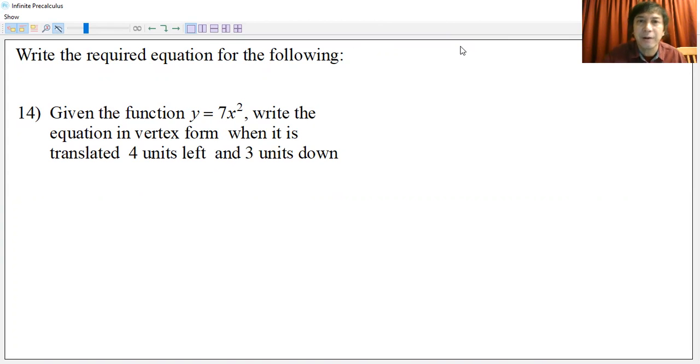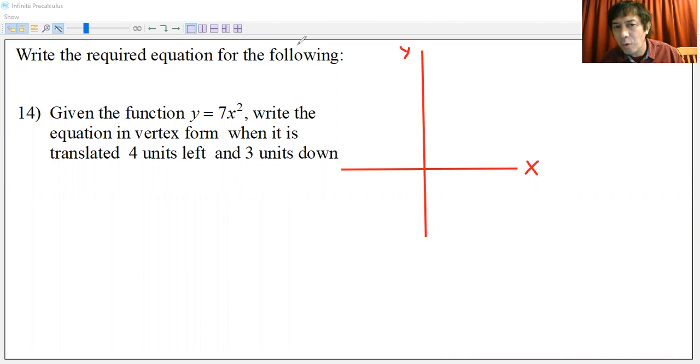Okay. All right. So again, the graph here will have something like this. Let this be our x and y. That y is equal to 7x squared will be a parabola that opens upward like that with a vertex at 0, 0.